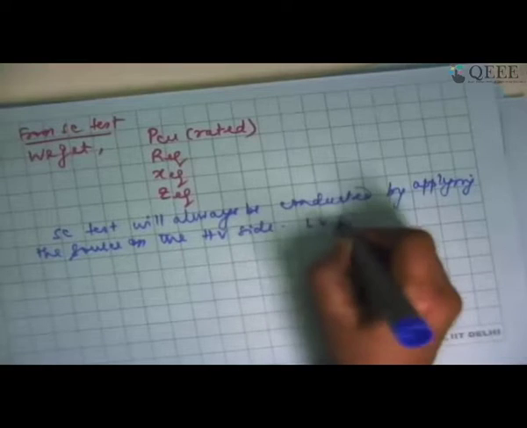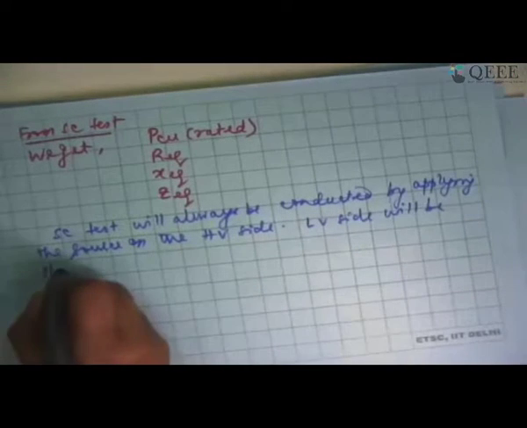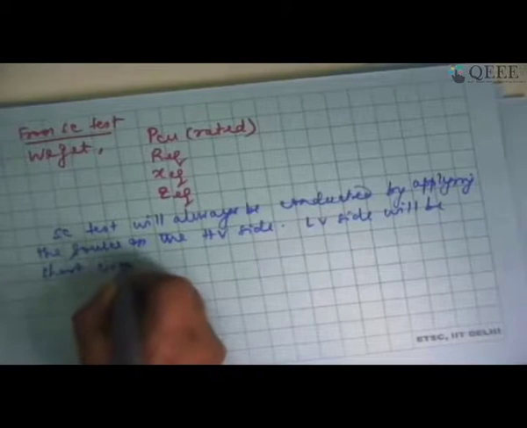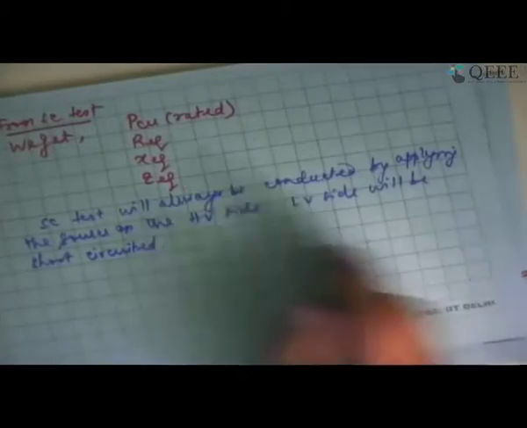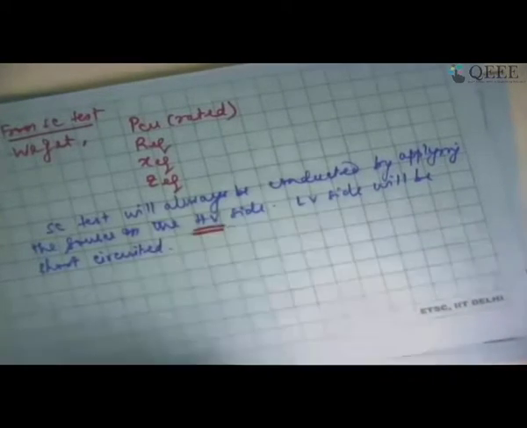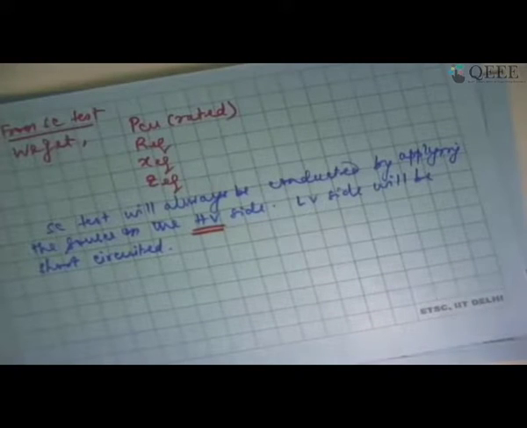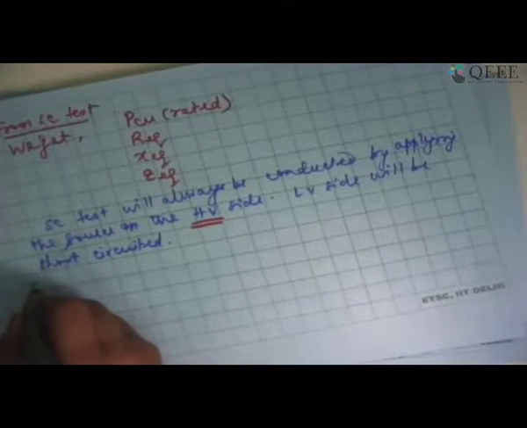The low voltage side will be short circuited. This is essentially for convenience, because I want less current to be passed, and that will happen only if I am passing the current from the high voltage side. That's the reason. So I have essentially looked at getting the parameters from the short circuit test.